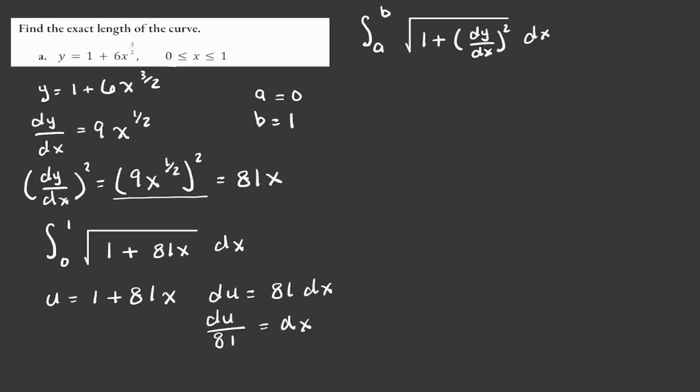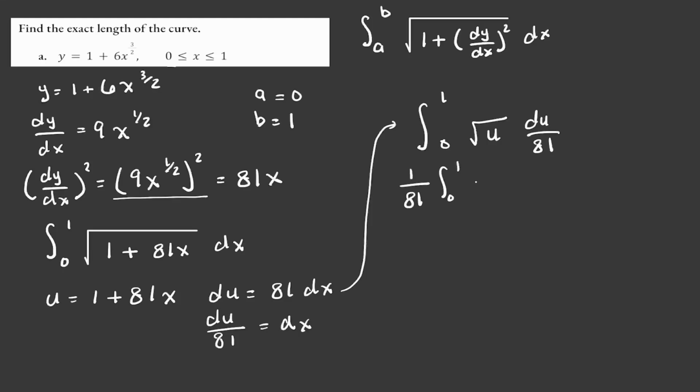Now we substitute the u, so we have the integral from 0 to 1, square root of u du over 81. Since 81 is a constant, we can pull it out of the integral, and we're going to write square root of u as u to the 1/2 du.